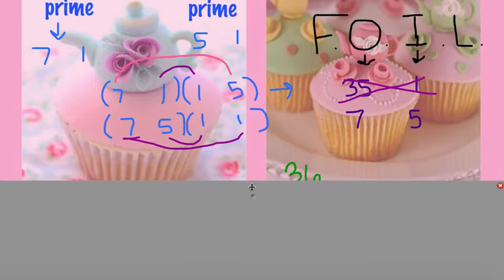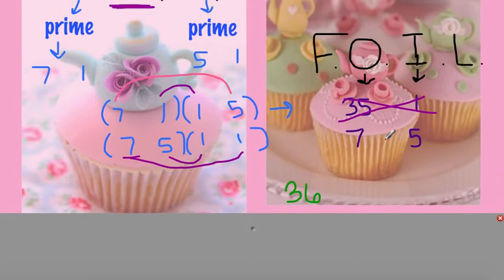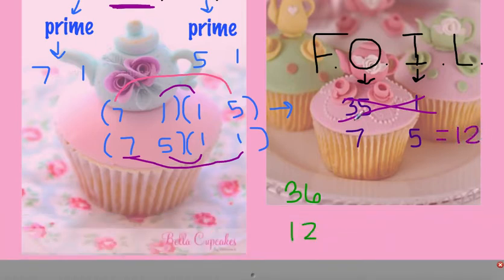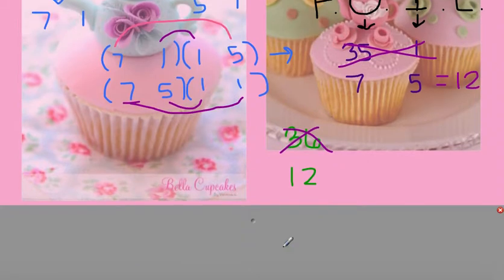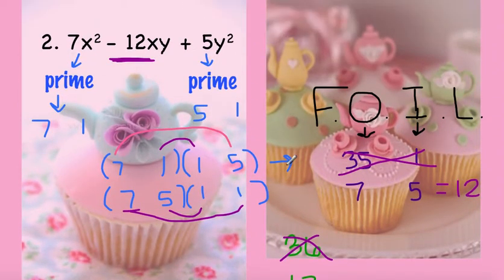If we combine 7 and 5, we're able to get 12, so that's where our 12 is coming from. Down here, when we combine 35 and 1, we get 36, so we know that's not right. But when we combine the 7 and the 5, we know that's correct. Then my trick is to go back and look at your signs. We know that this is positive but this is negative, which means a negative times a negative will give us a positive.